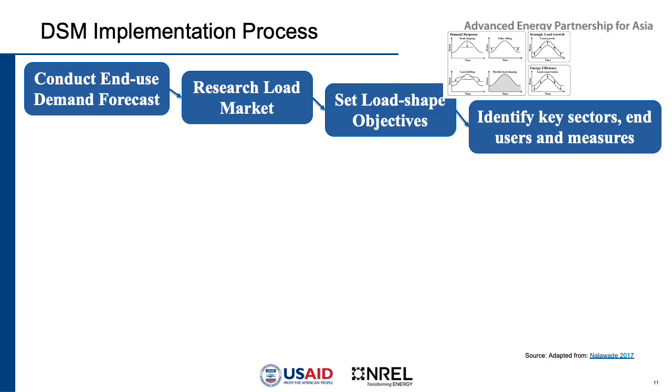Second, we undertake a load and market research to identify end-use patterns and potential market barriers. The third step is to define objectives in achieving the desired load shapes. And then fourth, which sectors and end users will be targeted and which measures will you use to target them.